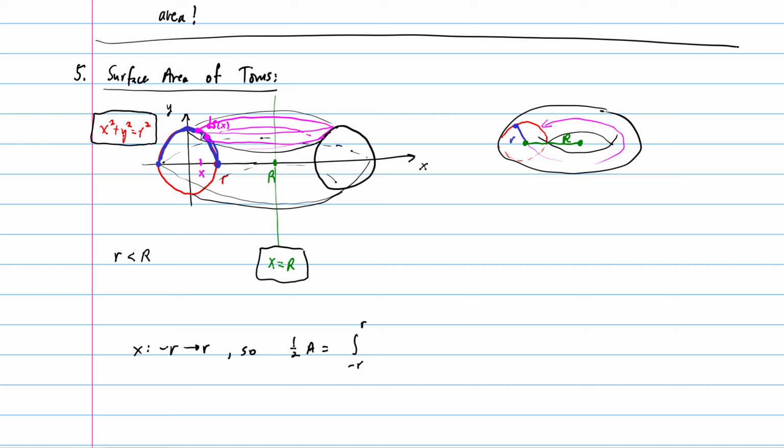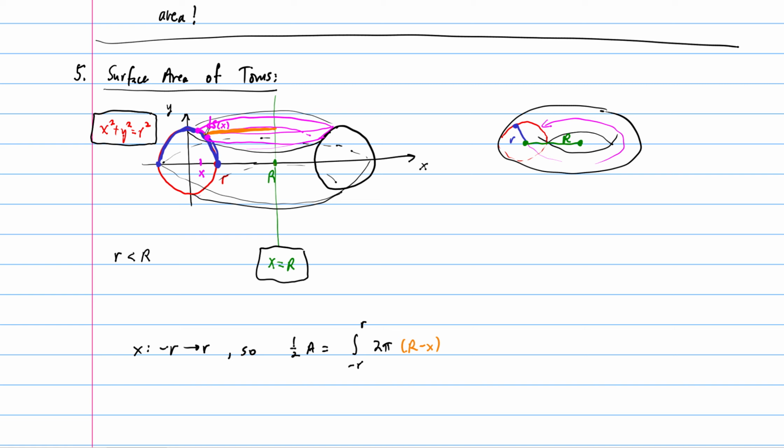The height of this thing is the radius of this thing. We need to go by the radius of this circle. So we have 2 pi times the radius of this thing. I'll do it in orange. The radius is big R minus x.